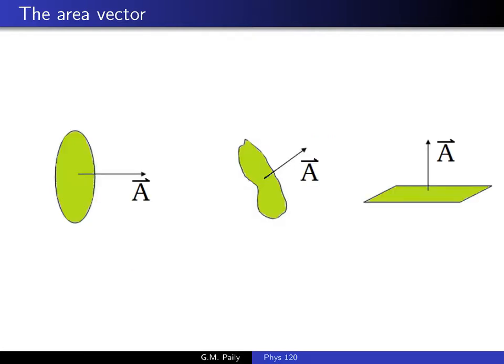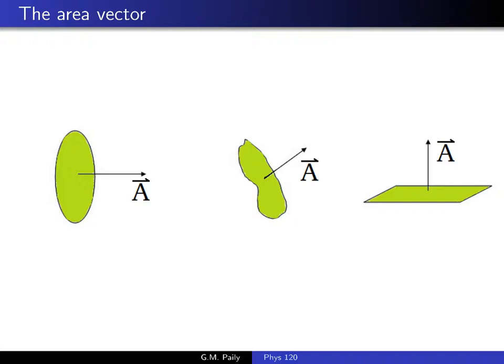It doesn't have to be a square. It could be a circle, a disk, that is. Right? A surface. It always has to be a surface. So it could be a disk, some arbitrary shaped surface like this, or something nice and regular like a square or rectangle. And in each case, we see that the area vector is perpendicular to the surface. It is normal to the surface.